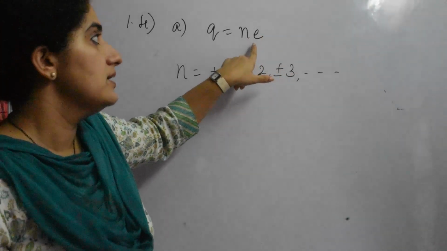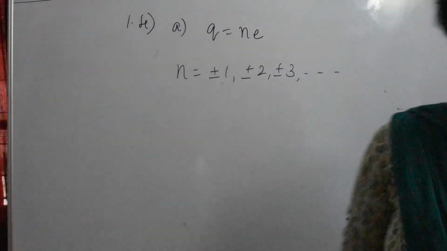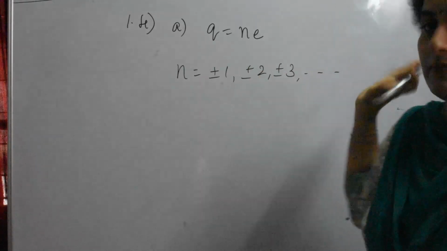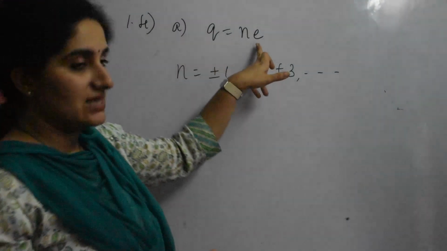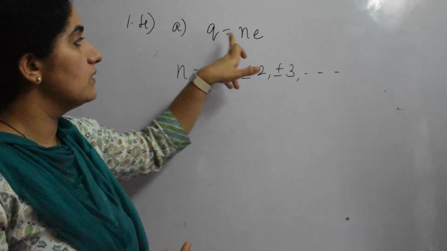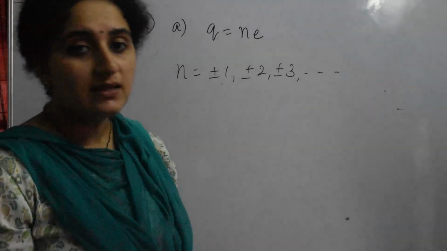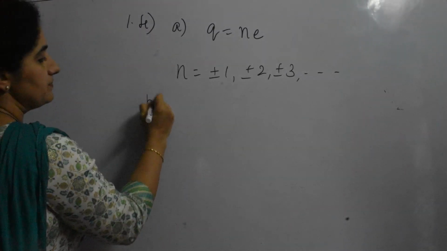Charge of the electron. So it is N into e, where N can be a positive or negative integer. So it is a product of the basic charge, Q equal to N into e. That is why we say that charges are quantized in nature.